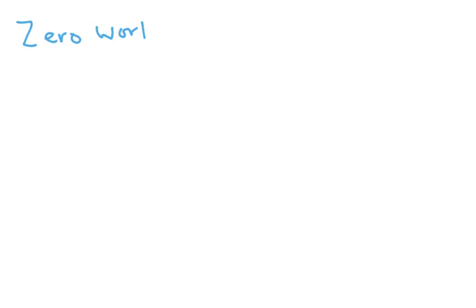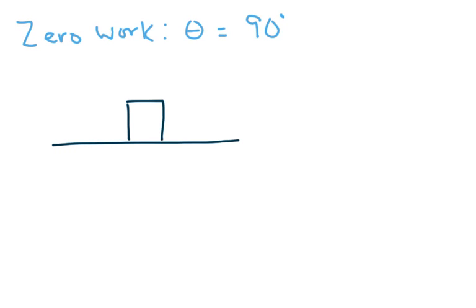So zero work implies that theta is going to be equal to 90 degrees. This is a bit counterintuitive. Okay, so again, here's my surface. All right, here's my box that I'm going to try to move.